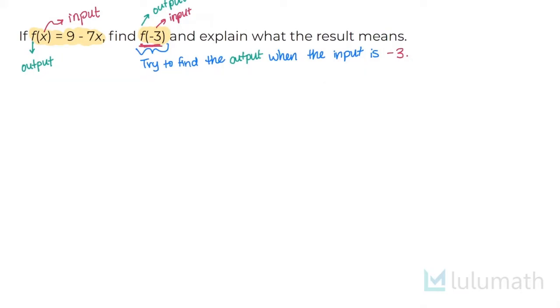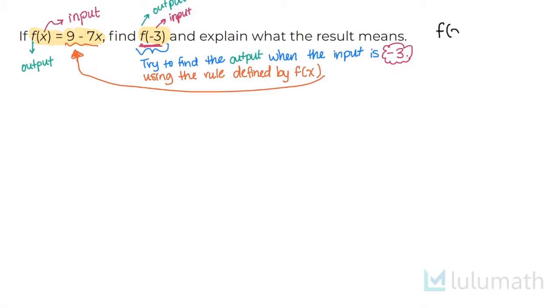So literally, I'm just going to put in my input of negative 3 into my rule, which is 9 minus 7x. So again, we want to try to find the output when the input is negative 3 using the rule defined by f of x. So if f of x equals 9 minus 7x, and my input is negative 3, then every time I see an x, I'm going to replace it with negative 3. So f of negative 3 equals 9 minus 7 multiplied by negative 3.